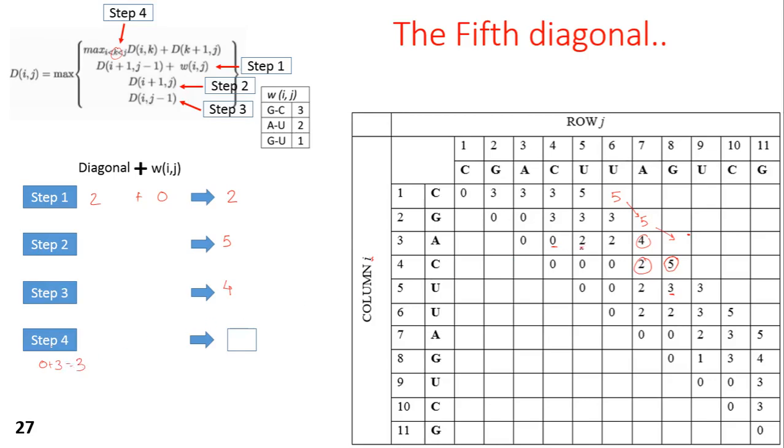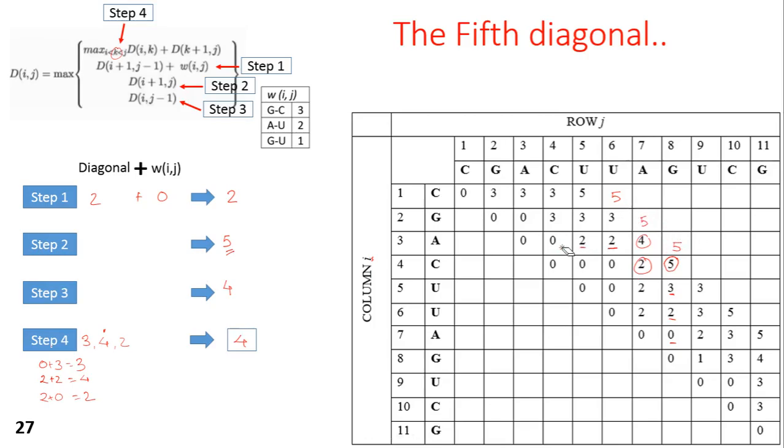Next value to consider would be 2 with 2, that would be 4. Subsequent value would be addition of 2 with 0, that would be 2. So we have got 3 values over here, 3, 4 and 2. Which one is the maximum? Of course this 4 is the maximum. The value for step 4 would be 4. Now we need to figure out which one is the maximum of these 4 steps. Of course it is 5. Therefore we would populate this box with 5.